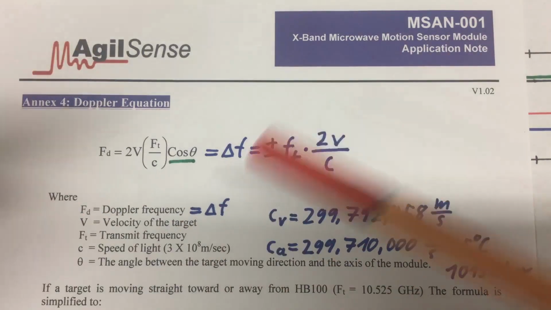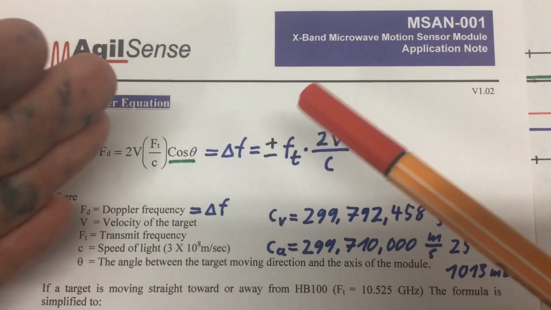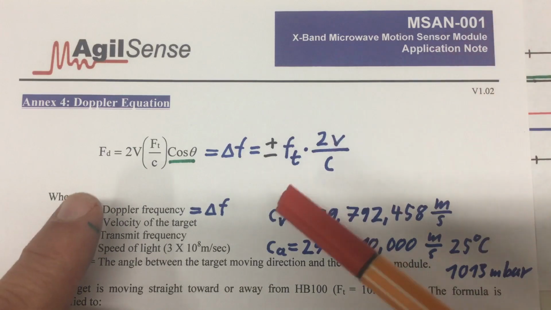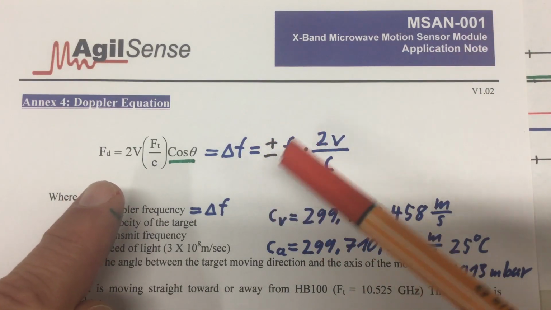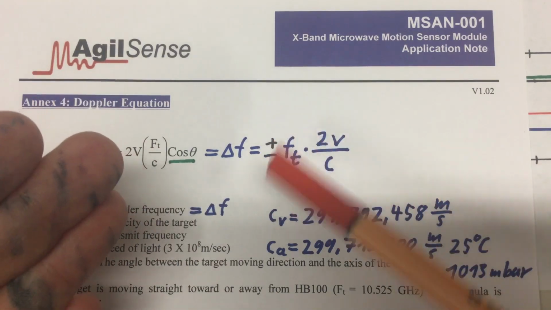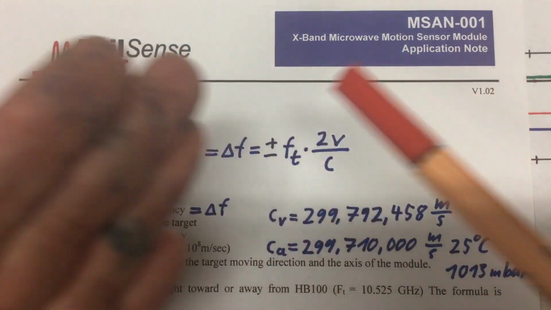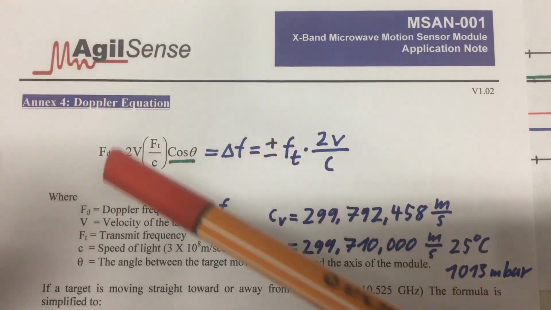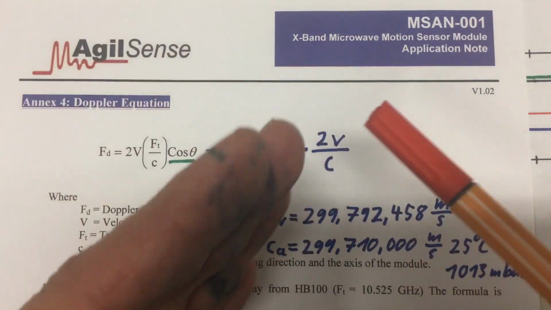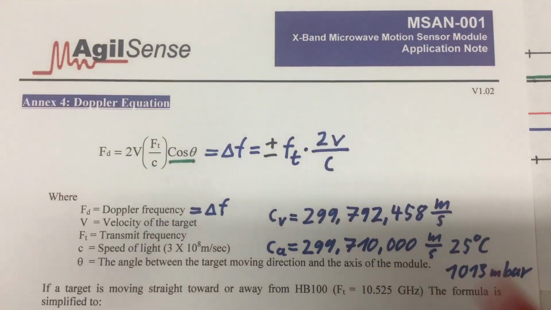The fact that we only get the absolute of the difference between the two input frequencies out of our mixer is the reason that in the application note they dropped the plus minus from their formula, because we don't get plus minus depending on if something approaches the radar and increases the received frequency, or moves away from the radar, that is, the received frequency is decreased. We cannot make that distinction.